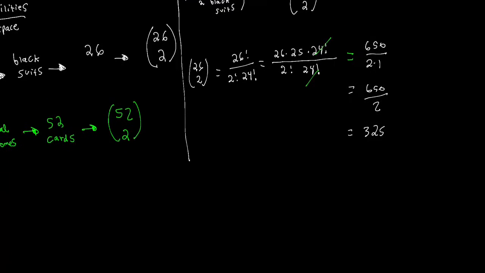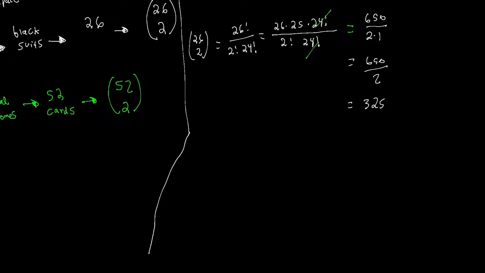So let's go ahead and calculate 52 choose 2 now. I'm going to do this one in green. So I have 52 choose 2. That's going to equal 52 factorial all over 2 factorial times 52 minus 2, which is 50 factorial. So now I have 52 times 51 times 50 factorial, and I have 2 factorial times 50 factorial. The 50 factorials are going to cancel out.